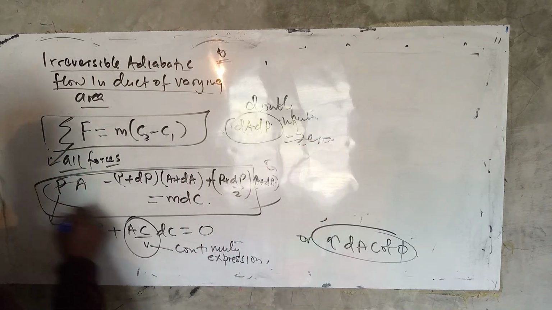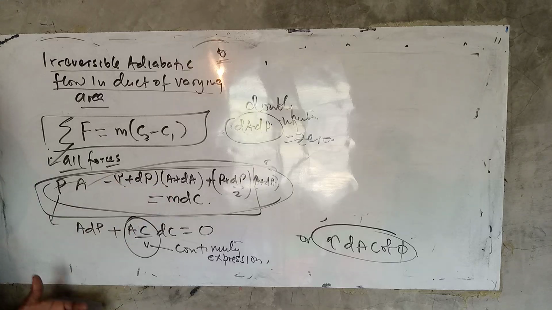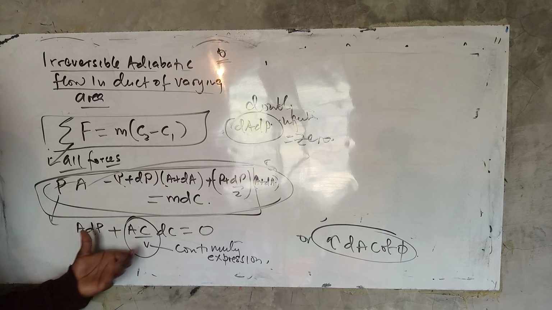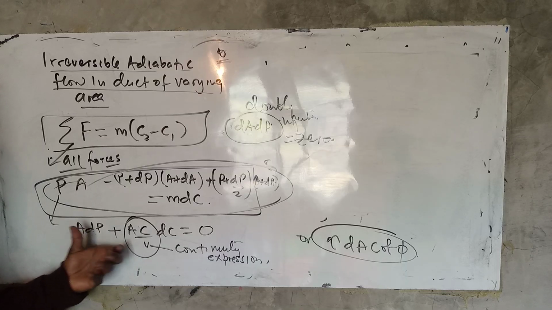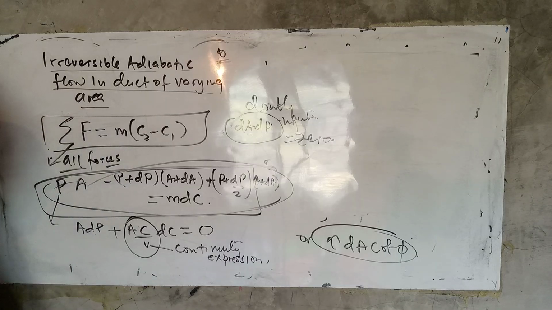So just open up these brackets, eliminate the doubly infinitesimal quantities, reorganize your equation, and you'll end up with this particular quantity. I think we discussed this in the second or third lecture from this, so you need to look at our earlier discussions so that we are able to work on them.